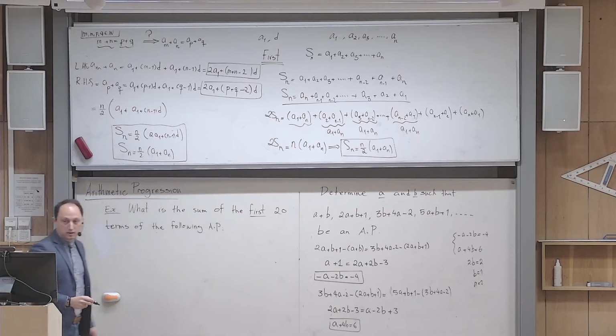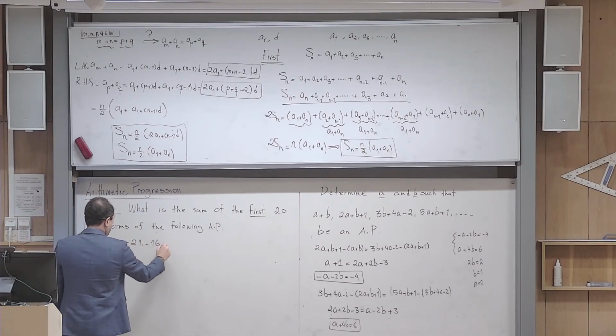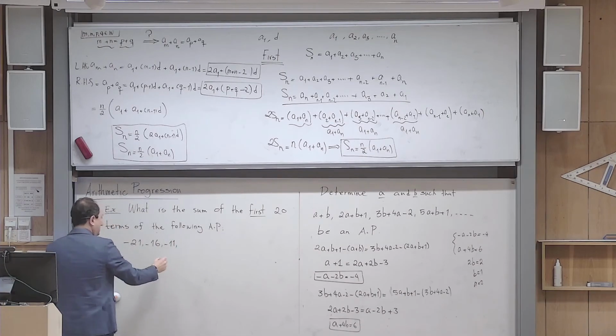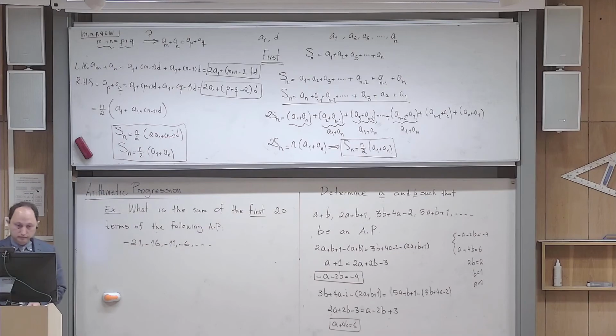So the AP is given to be minus 21, minus 16, minus 11, and minus 6, and continues. It's a very simple and a standard question.